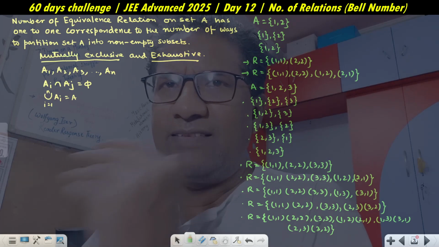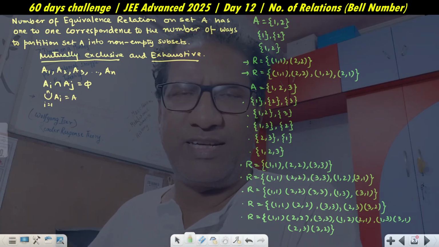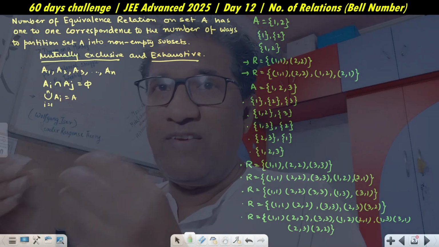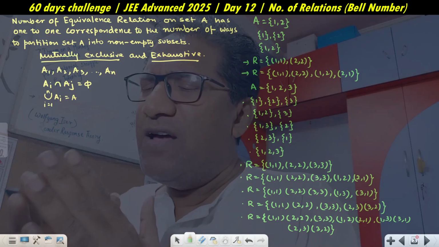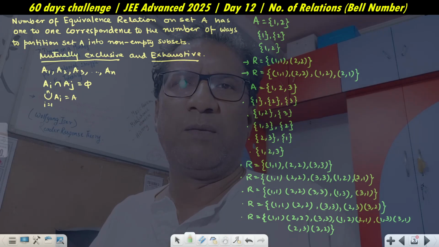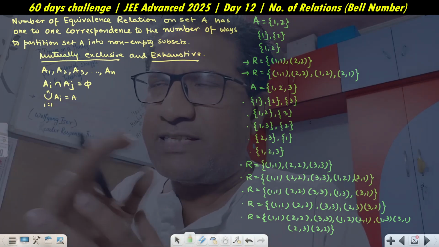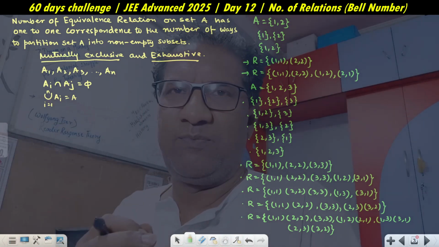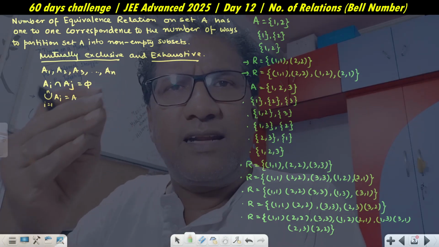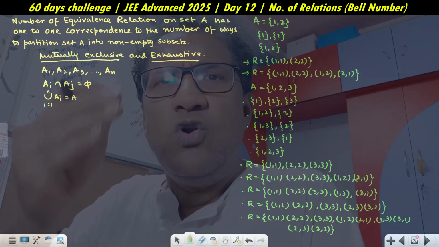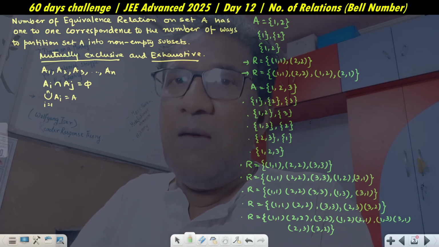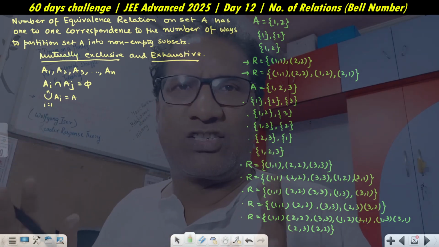So again, the theorem matches this illustration. I'm repeating the theorem so that we can understand it better. Whenever they ask us to find the total number of equivalence relations possible on a given set having n elements, it is the same as partitioning that set into non-empty subsets which are mutually exclusive and exhaustive.